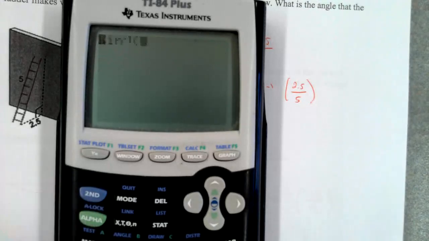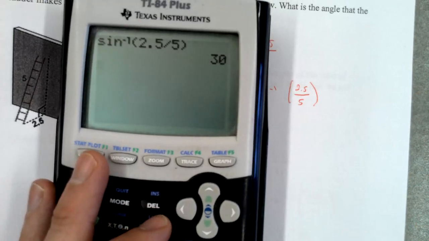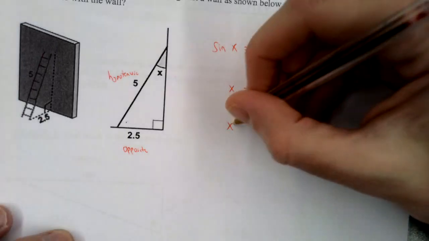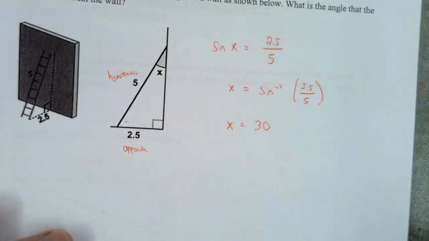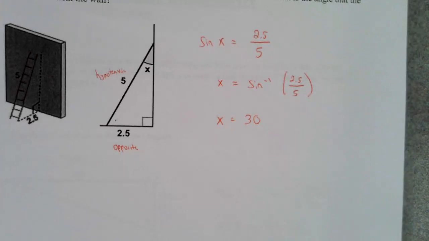Type that in the calculator. 30 degrees. Exactly 30 degrees. So, since it's the word problem, let's put that in a sentence. The ladder makes a 30-degree angle with the wall.